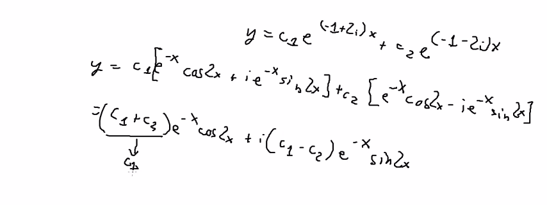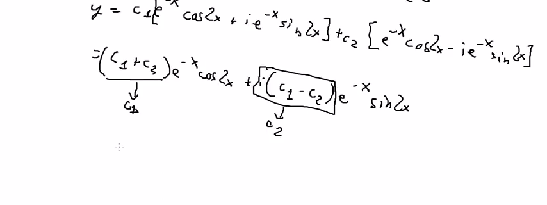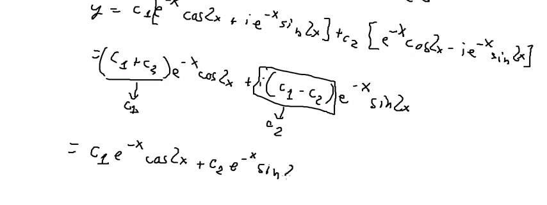With constant, we can change C number 1, and this one in here, which we change to C number 2, and you get C1 e to the power of negative s cosine 2s plus C number 2 e to the power of negative s sine 2s. And that's the final answer.